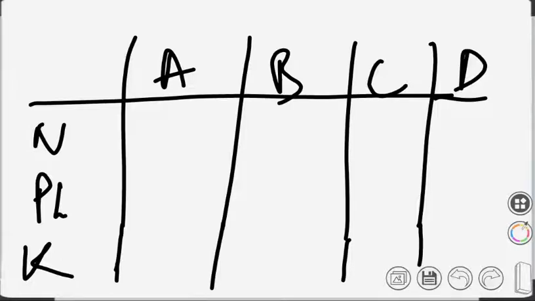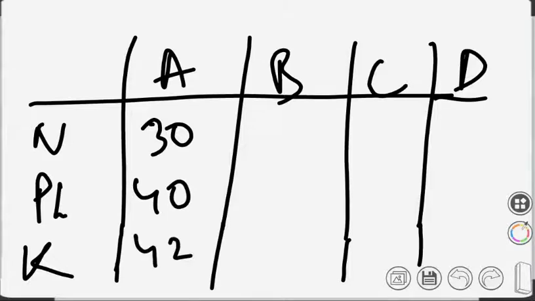And the yield in plot A is like this. Plot B is like this. So when he uses nitrogen manure in plot A, the yield is 30 quintal or something like that.